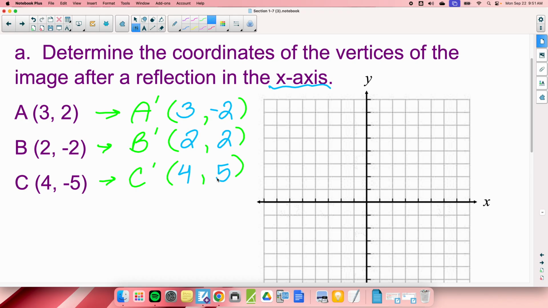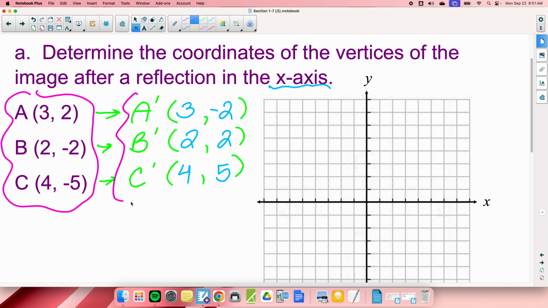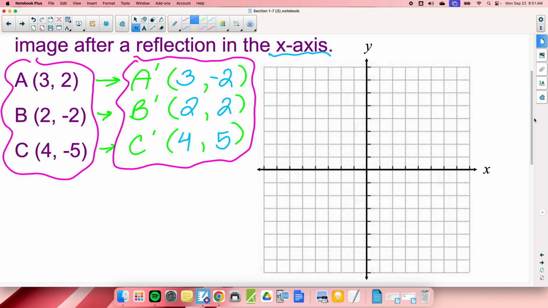Then we have to plot both these original points and we plot our new points. So when you come over here, let's plot the original A, B, and C. A is over 3, up 2. B is over 2, down 2. And C is over 1, 2, 3, 4, down 5.